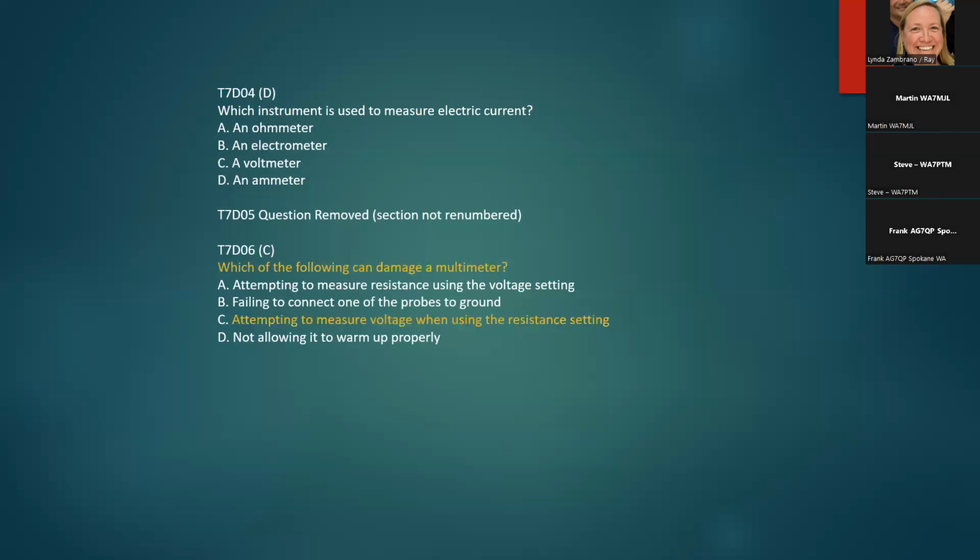The most common way to fry a multimeter is to try and measure voltage when the meter is set to measure resistance. That will very definitely cause a short circuit inside the meter and actually probably damage it totally.